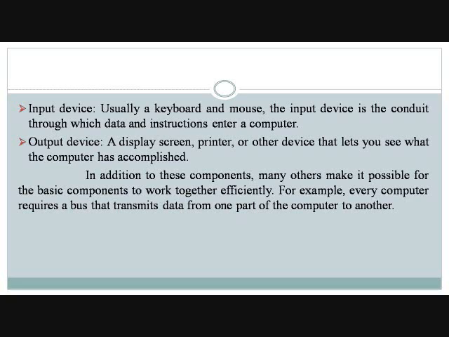Output device, a display screen, printer, or other device that lets you see what the computer has accomplished. In addition to these components, many others make it possible for the basic components to work together efficiently. For example, every computer requires a bus that transmits data from one part of the computer to another.